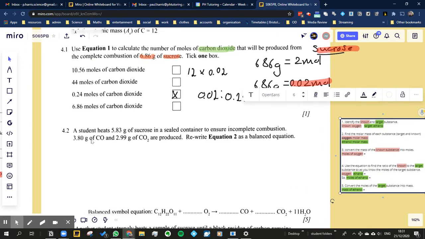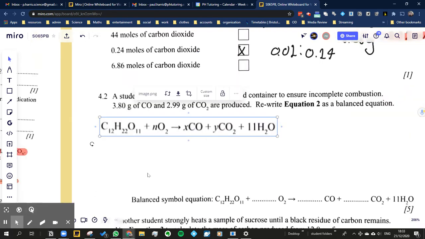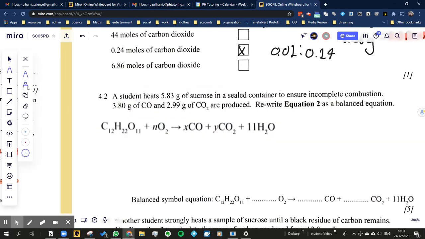So they've given you all the masses and are asking you to work out, from the mass, what the ratio of one thing to another would be, and therefore in terms of moles, and then you would use that information to work out what the balanced equation is. Okay. So this time we might want to use a different kind of colour code. Struggling with my words.